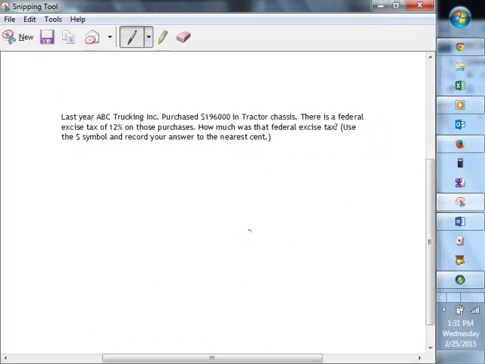Last year, ABC Trucking purchased $196,000 in tractor chassis. There's a federal excise tax of 12% on those purchases. So what was the federal excise tax?